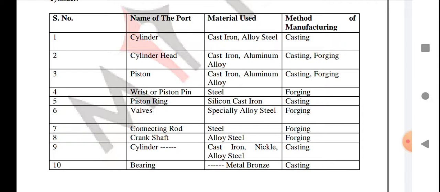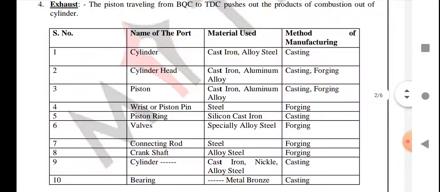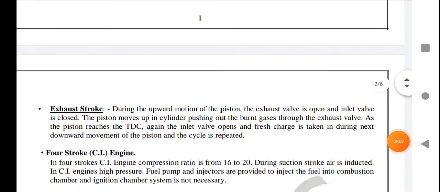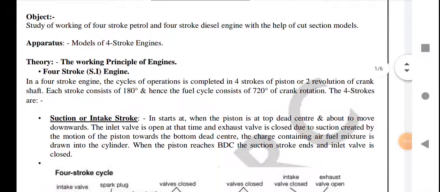Valves are special alloy steel. The connecting rod is made of steel. The crankshaft is alloy steel. The cylinder liner is cast iron, nickel, alloy steel. Bearings are metal, bronze. That is our topic, the 4-stroke petrol and diesel engine.